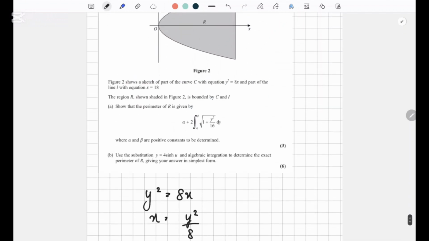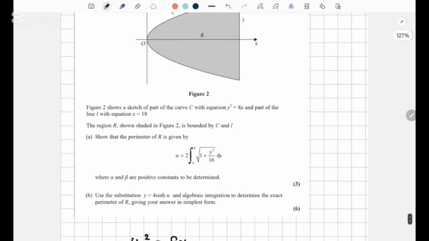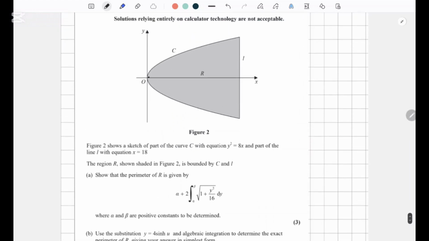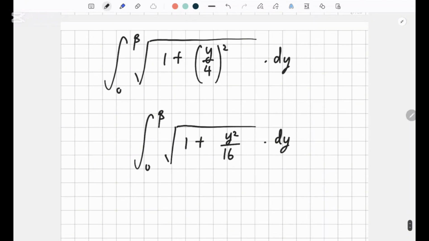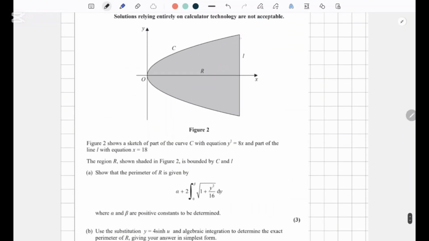But that's the length of just one section, and we have two sections, right? So you multiply this by 2. Then you have one more thing, you have this section, and this here is the line x equals 18.